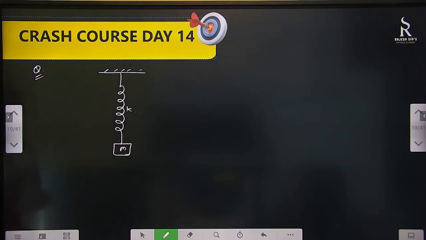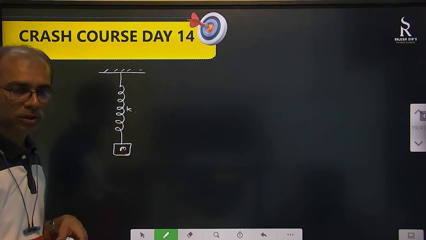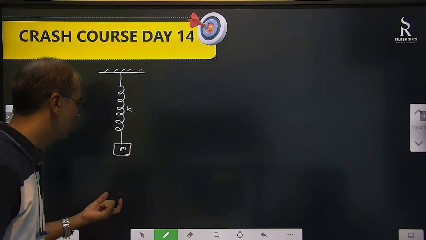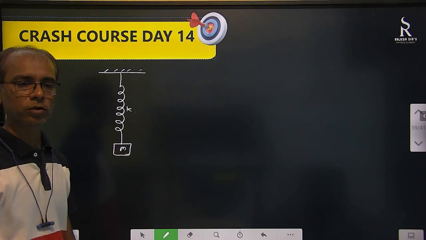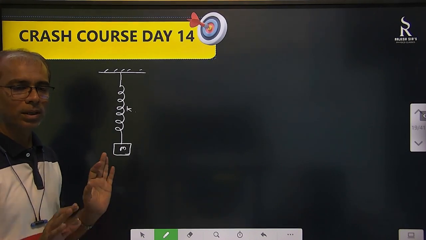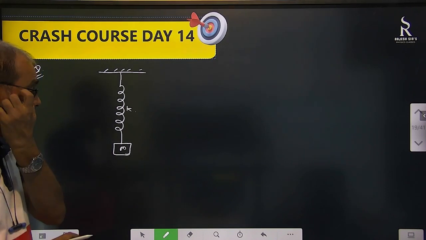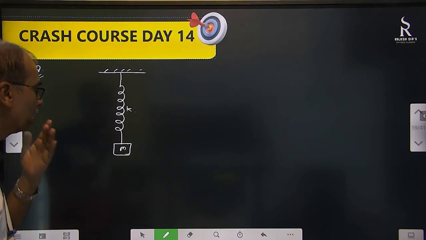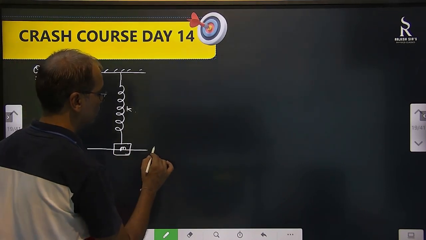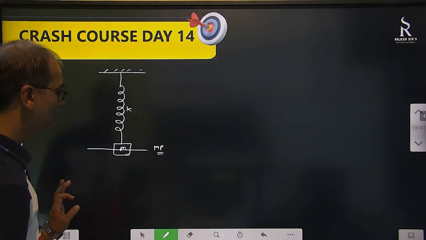There is definitely some extension in that because you have to support mg. Mg is acting down, so definitely there is spring force upwards. We can say kx equal to mg. But I am not going into that. I am going to tell you the shortcut method. Now this is already equilibrium position or mean position. I am not finding it, I am assuming it.